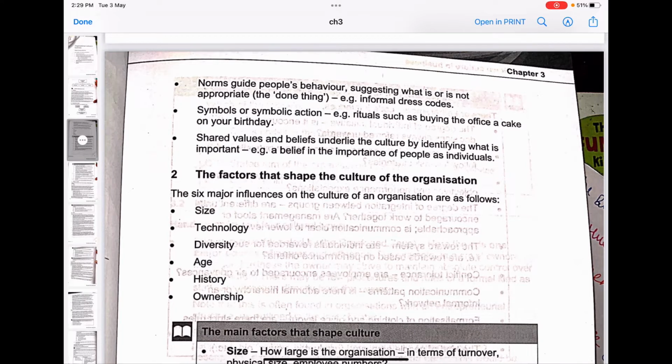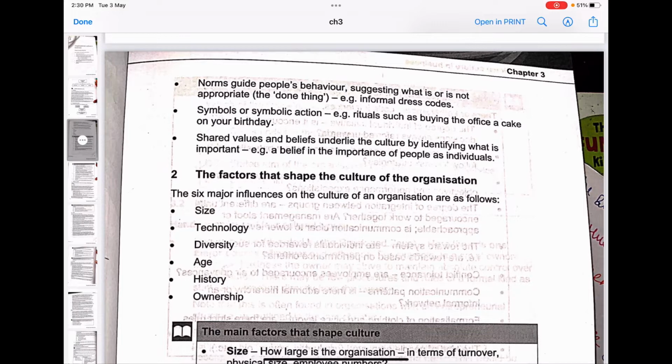Norms guide people's behavior, suggesting what is or is not appropriate. For example, informal dress codes. So norms are basically the rules and regulations which are accepted in the organization. Symbols or symbolic action. In some organizations, appreciation or making the employees feel special is one of the symbolic actions.